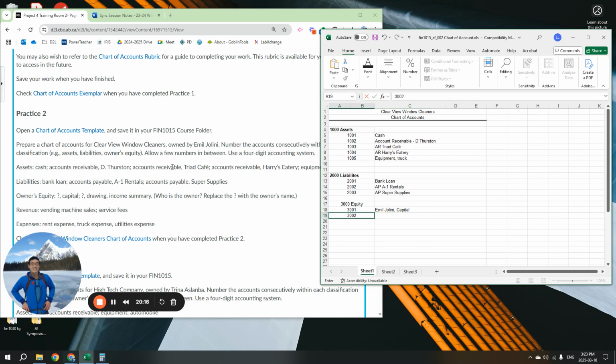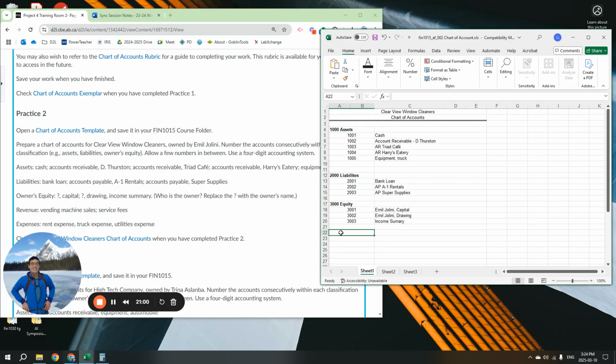And 3002 is Emil Jolini drawing, and we'll come across what drawing is in a minute. Drawing means the owner temporarily borrows money from the business. And 3003 is, what is that? Income summary. Let's change that to bold, and we'll align that to the left, and we'll unbold that one and center align. All right. And then revenue.